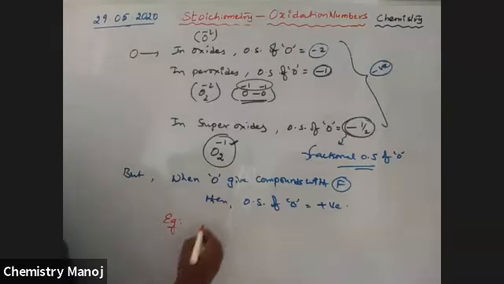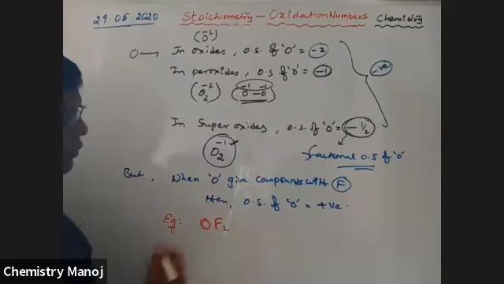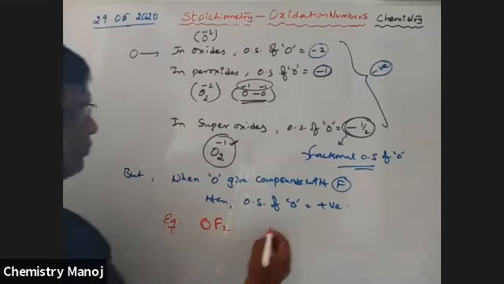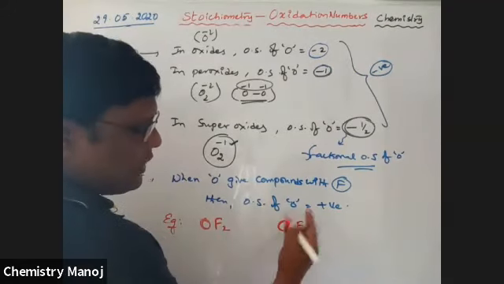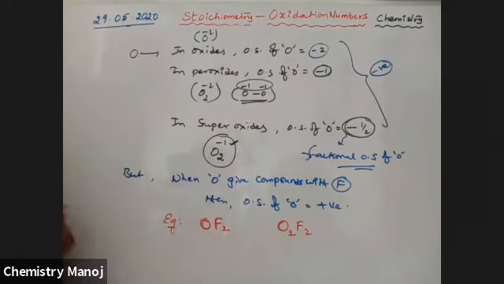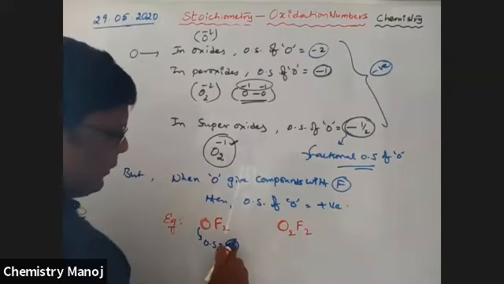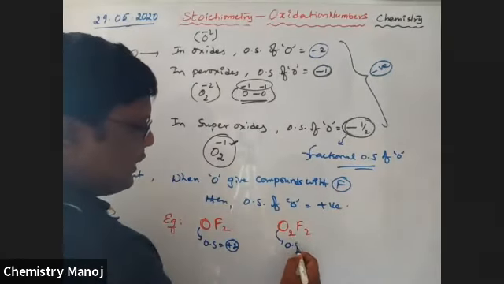Example, that is OF2. It is a compound of oxygen with fluorine. O2F2 is also a compound of oxygen with fluorine. In these cases, this oxygen oxidation state is equal to +2, and in O2F2 each oxygen oxidation state is equal to +1.